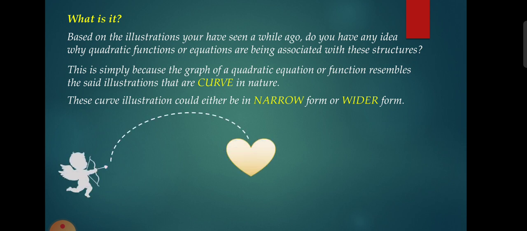So the third illustration, there is a cupid handling a bow and arrow, then it is striking a heart. In the history of Asia, there were old wars where they used what they called battering rams.